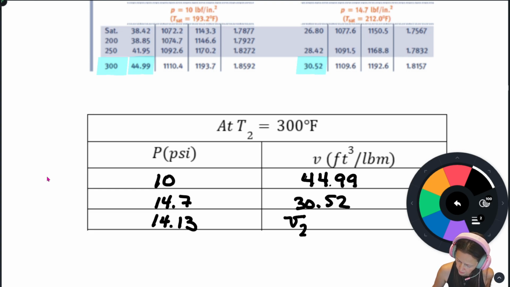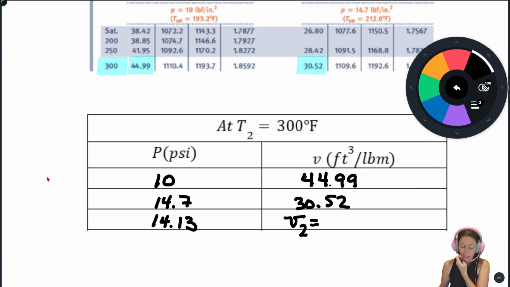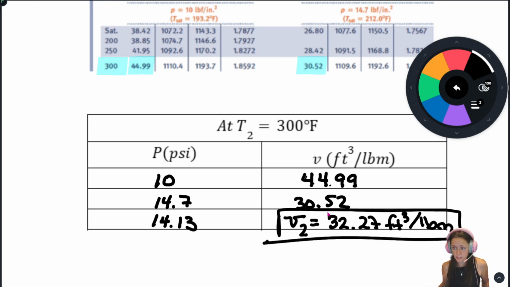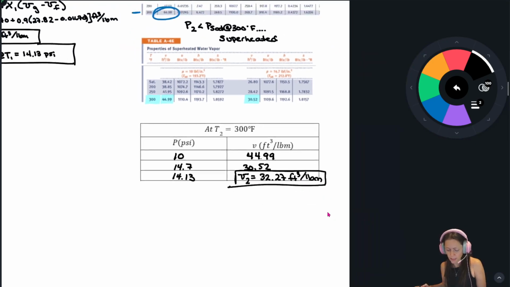I'll let you do the actual interpolation math, but I've got 32.27, and that's going to be feet cubed per pound mass. Perfect. And so now I've fixed state 1 and state 2.